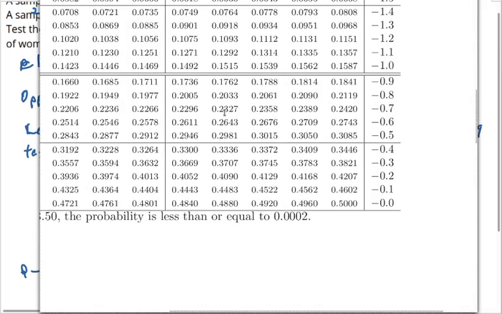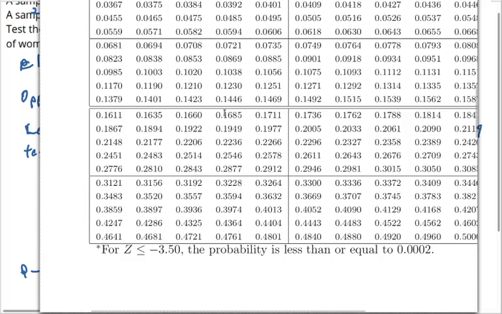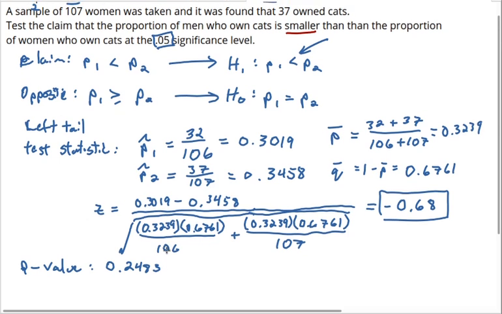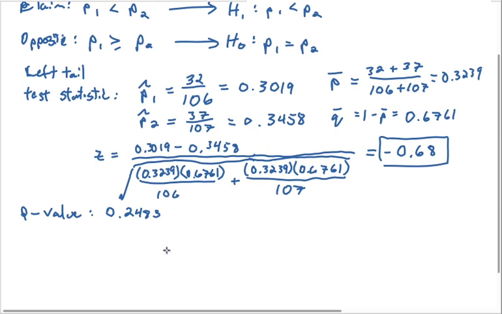And that gets me, scroll over here a little bit, to about 0.2483 as my p-value. So I simply looked up the area to the left of negative 0.68 and I got 0.2483. Now that is bigger than the significance level.